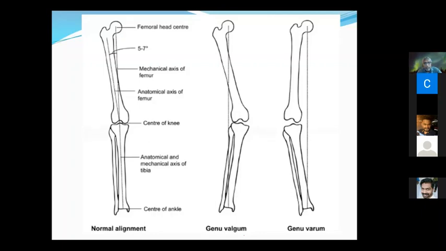The anatomical axis is along the long axis of the individual bone, the femur, the tibia. The mechanical axis is an imaginary line. I mean, all these are imaginary lines as well, but you can see that the mechanical axis and the anatomical axis differ where the femur is concerned. They're almost similar where the tibia is concerned.